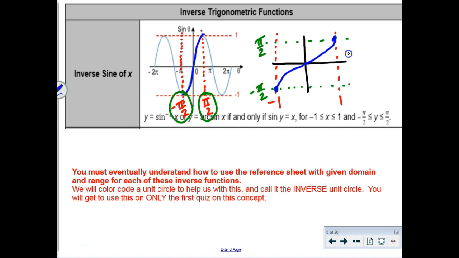So here's the key part of arcsine that we got to focus on today. Because of how they've decided to define sine's domain and restrict it, arcsine only exists between negative pi over 2 and pi over 2 as far as output values for range.